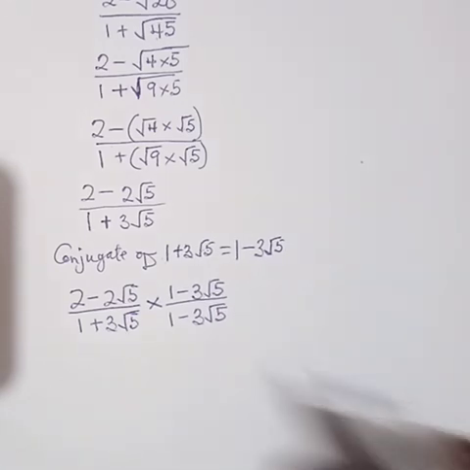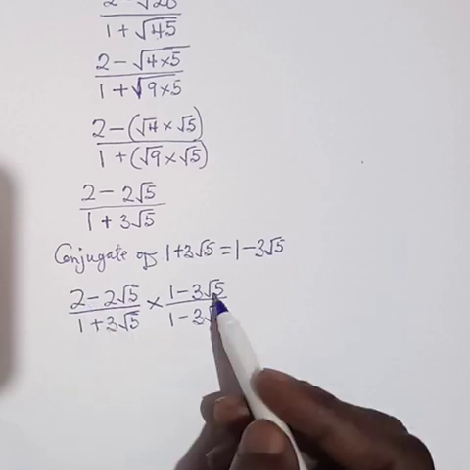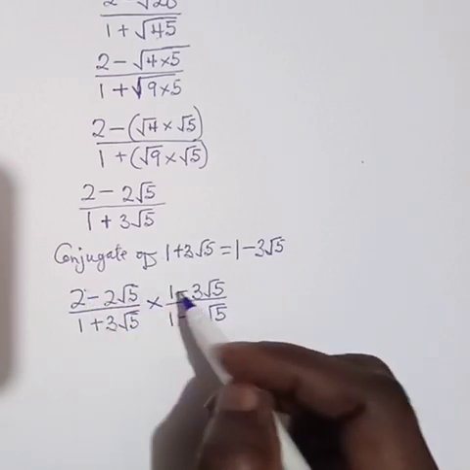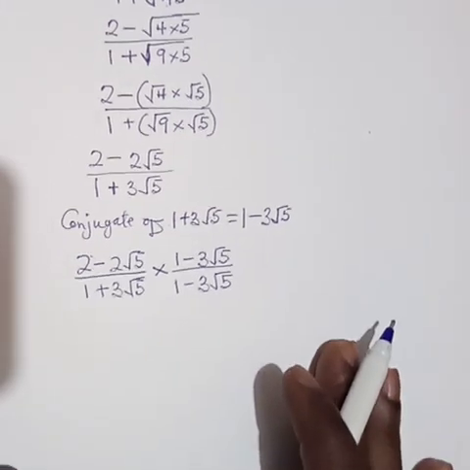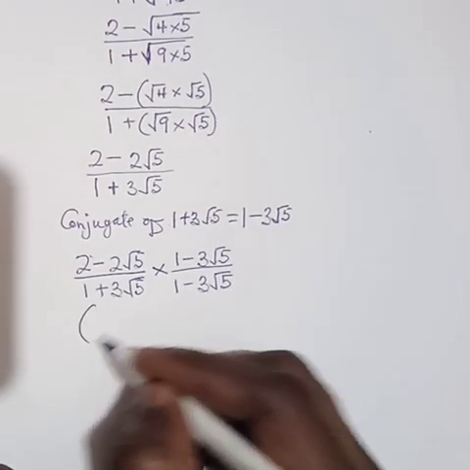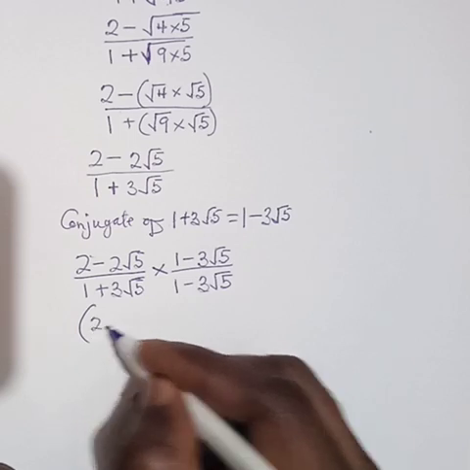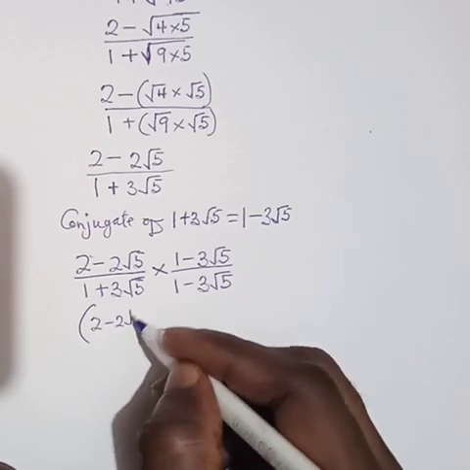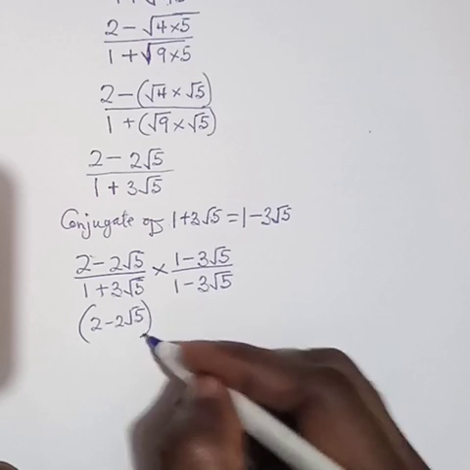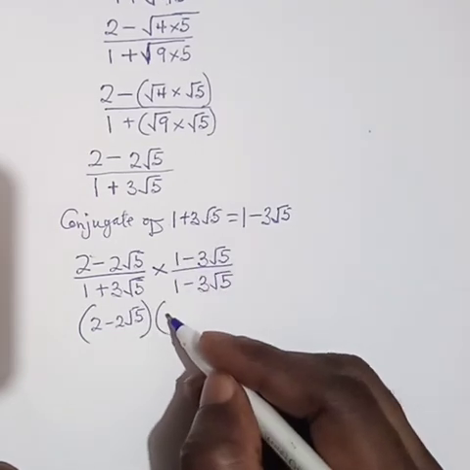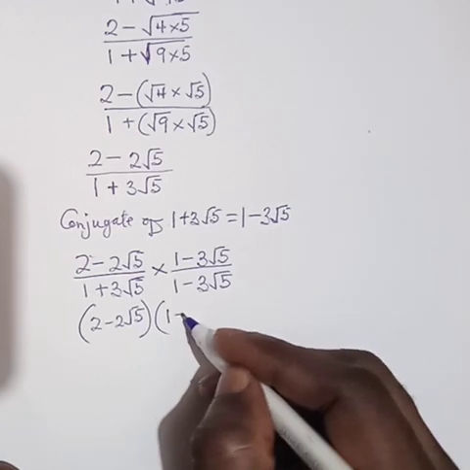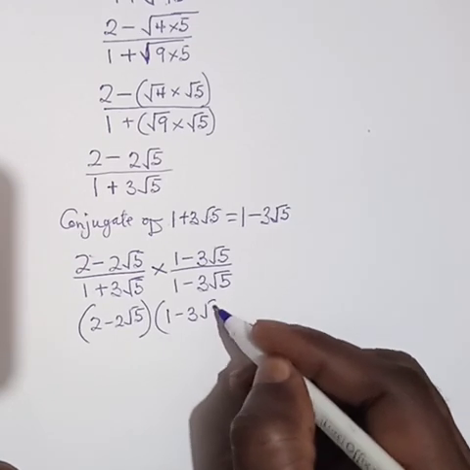Great. So once I have this, I can go straight away and multiply the numerator and also multiply the denominator. So I'll rewrite this again. I'll write 2 minus 2 root 5 in one parenthesis, and 1 minus 3 root 5 in another parenthesis.